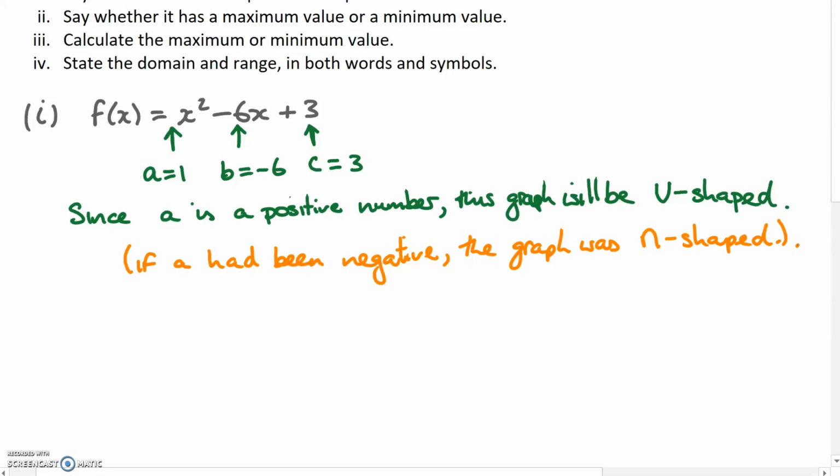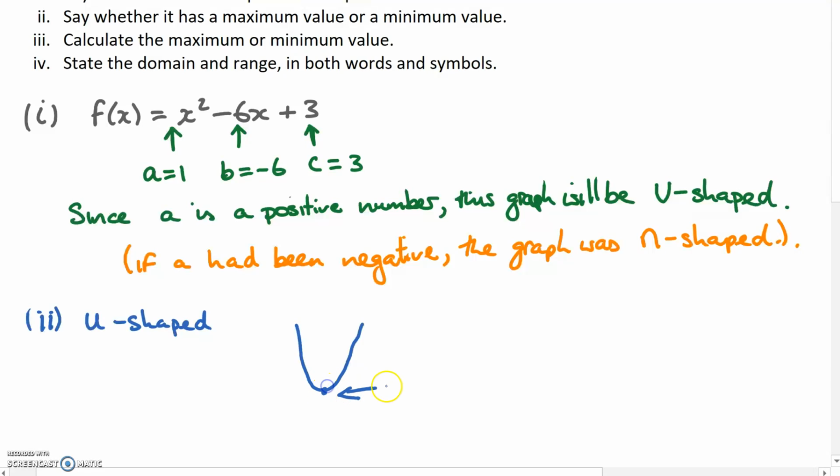Say whether it has a maximum value or a minimum value. Well, let's think about this very briefly. It doesn't take long. We said it's U-shaped, okay? So just imagine what that looks like. Does it have a bottom or a top? Well, it has a bottom.